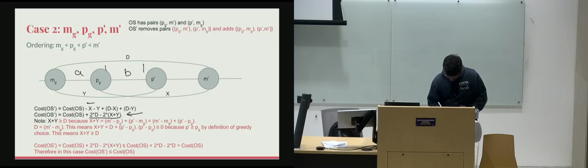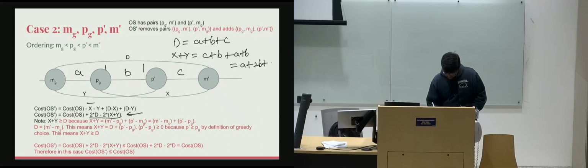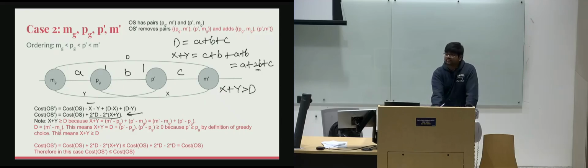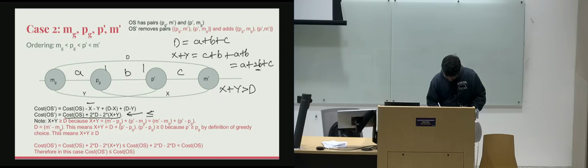Let's say this is A, this is B, this is C. Your d is equal to A plus B plus C, and your x plus y is equal to C plus B plus A plus B, which is nothing but A plus 2B plus C. So in this x plus y, we have this extra B term here. That's why x plus y has to be greater than d. This makes sense, right? So we can say that this whole equation has to be less than or equal to cost of OS.